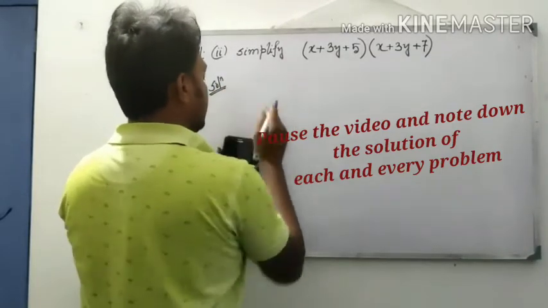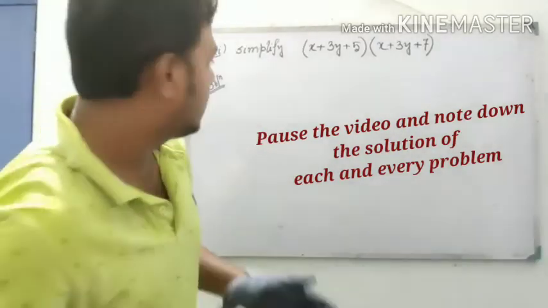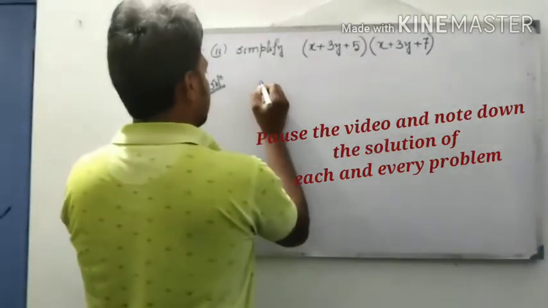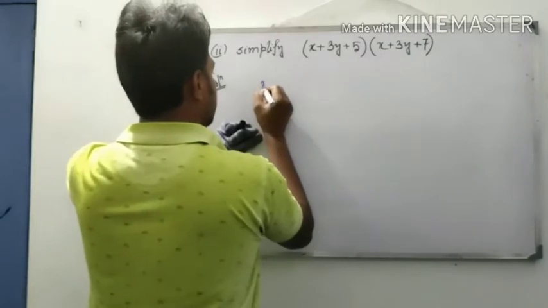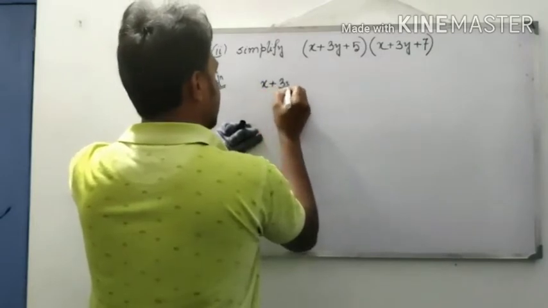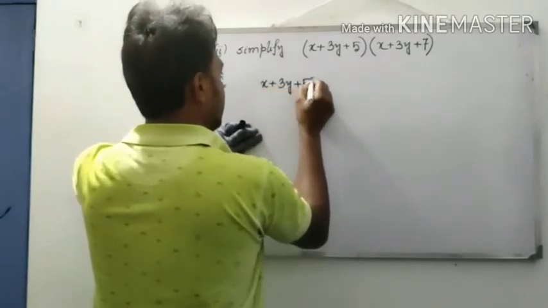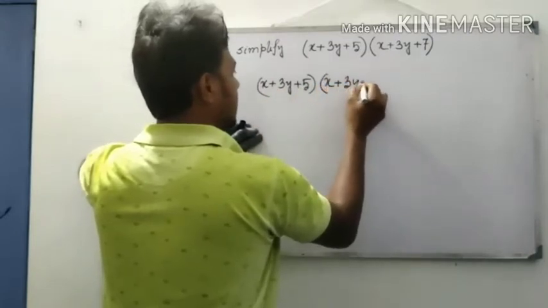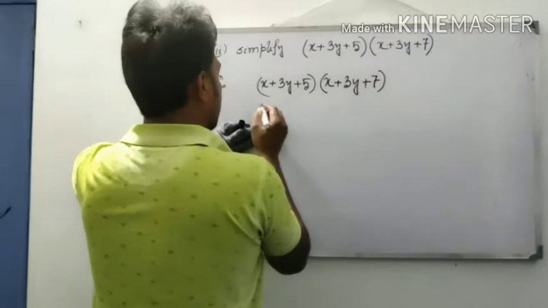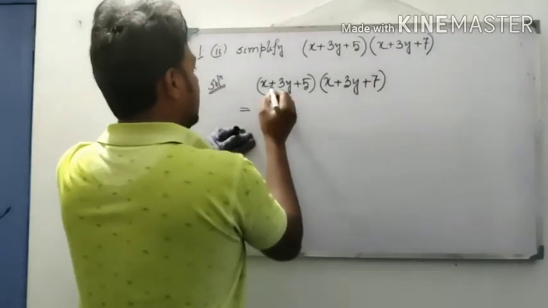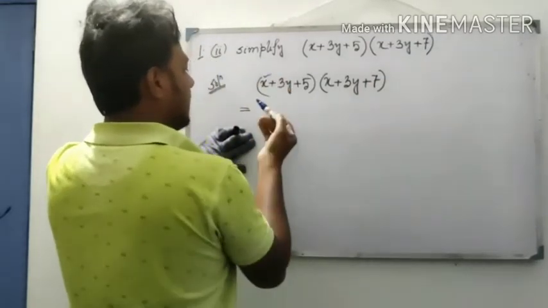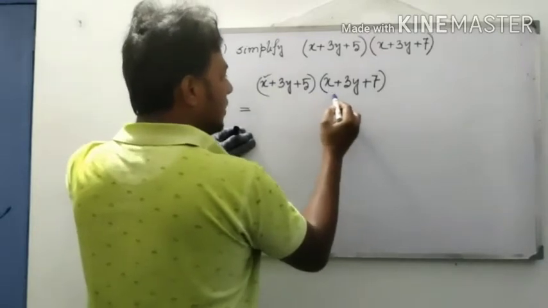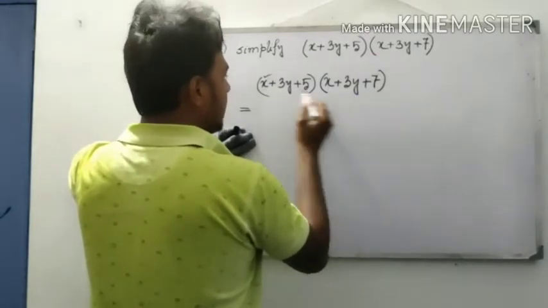The first question is this: x plus 3y plus 5 into x plus 3y plus 7 equals. We will consider first this x, and we multiply all the terms of the second factor by this x.